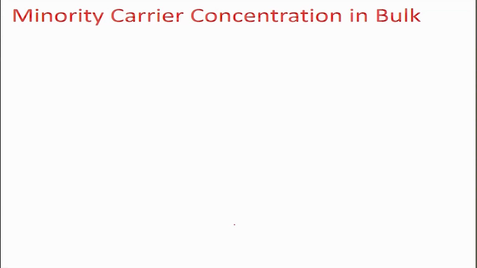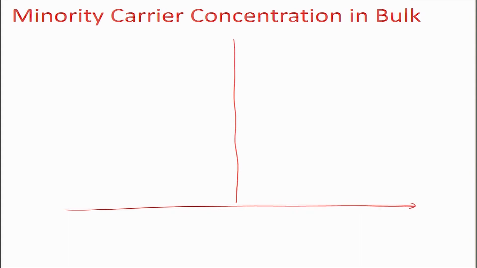So if that is the case, basically what we are saying is if you plot the minority carrier concentration in the bulk, it goes like this. So this is N or P. If this is the edge of one depletion region, that is Wn, and the other edge of the depletion region is minus Wp.